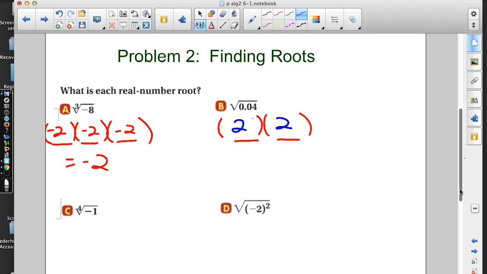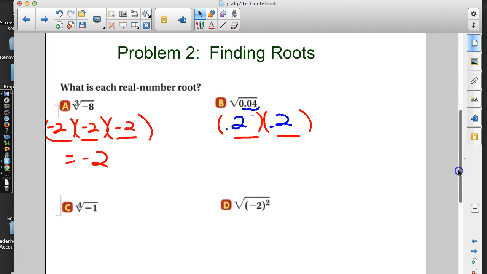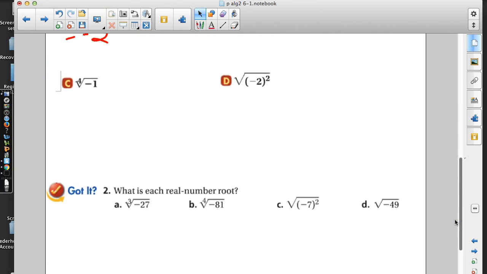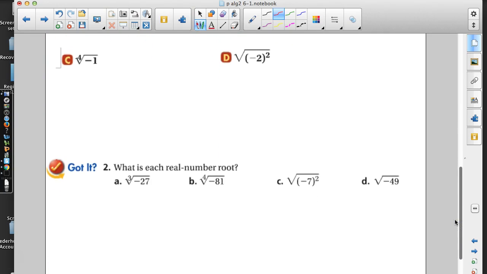And then you think, for each multiplication, the decimal place is going to move over 1 position, because we have 2 decimal places in this problem. 1, 2. Well, it has to be equal between all the numbers, so there'd have to be 1 decimal place in each of these. That way you don't have to use a calculator whenever you get to decimals. And then we talked about C, and we said, trick question, 4th root, negative number, no real solutions.